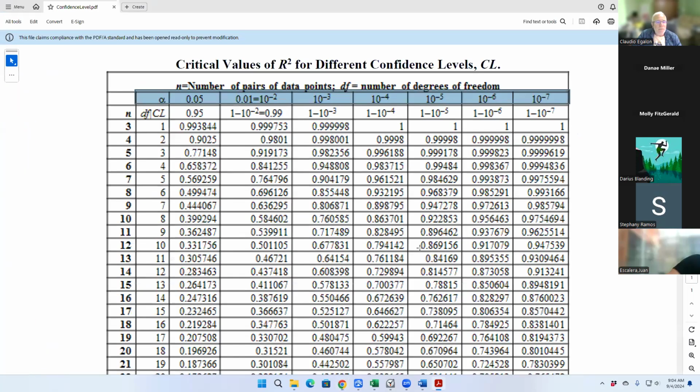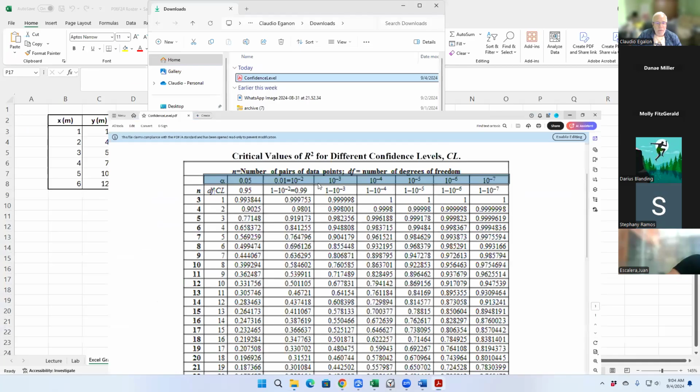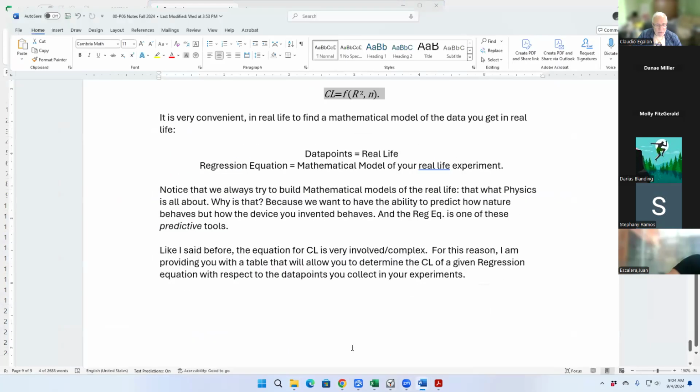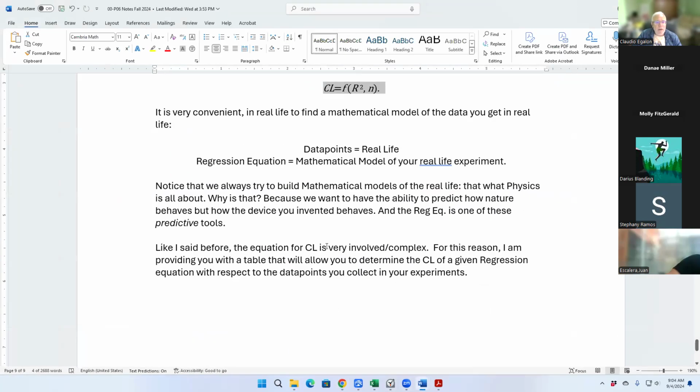So here you go. Like I said before, the equation for CL is very involved and complex.